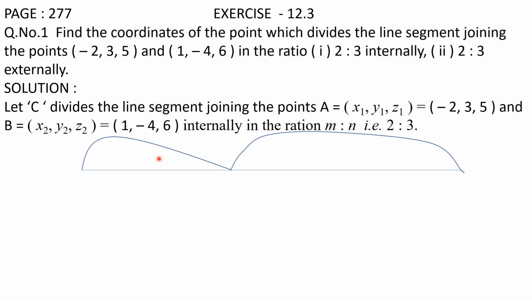Okay, my children, for our convenience, we are assuming that a point C divides the line segment joining the points. Here, these points are also not given. We are naming the given points as A and B. This is A, x1, y1, z1, and the second point is x2, y2, z2. Now we are going to find the coordinates of the point C. Understood this point, my children? Right.